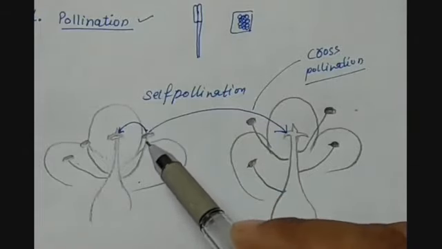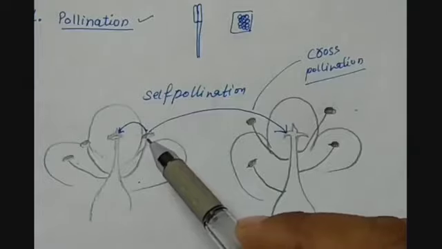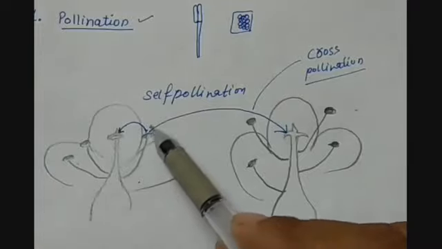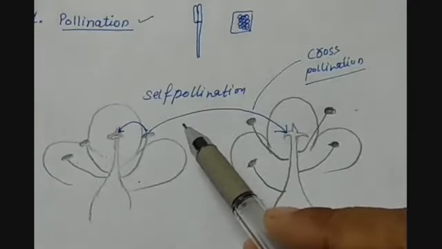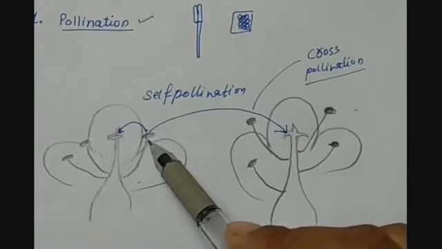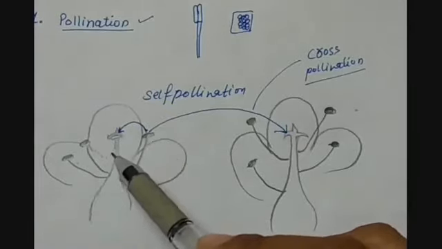It can happen by wind, or by itself, or by chance. The pollen grains are loosely bound inside the anther, so even the wind can move them to the stigma.